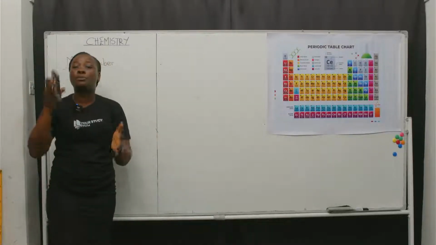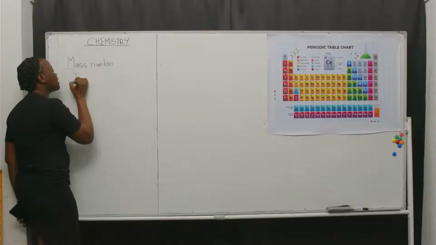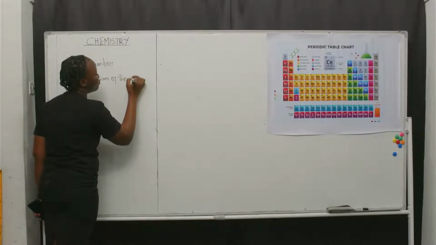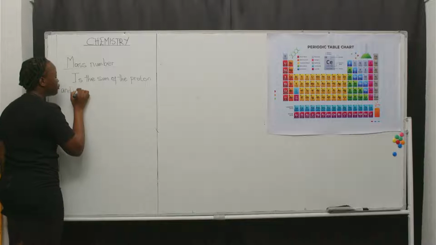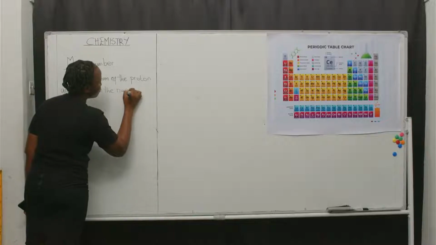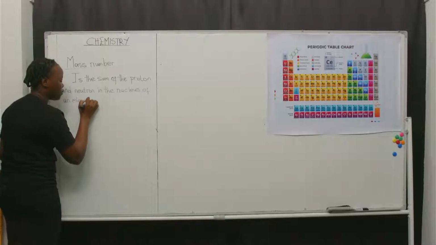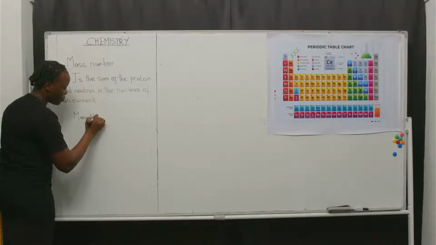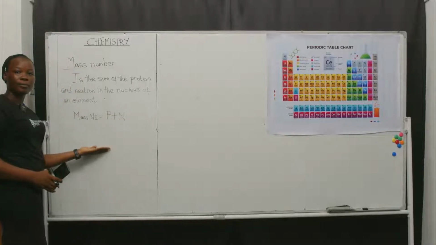I made mention that both the proton and the neutron are found in the nucleus. So mass number would then be equal to the proton number plus the neutron number.